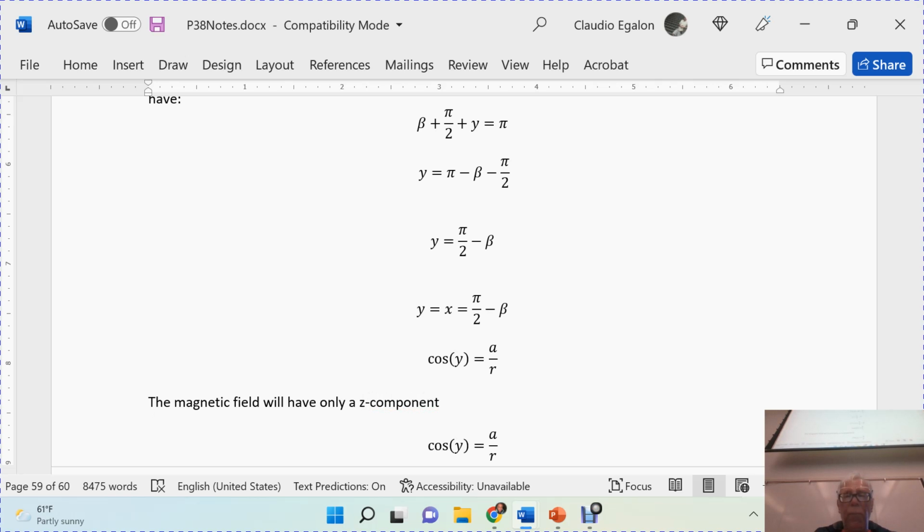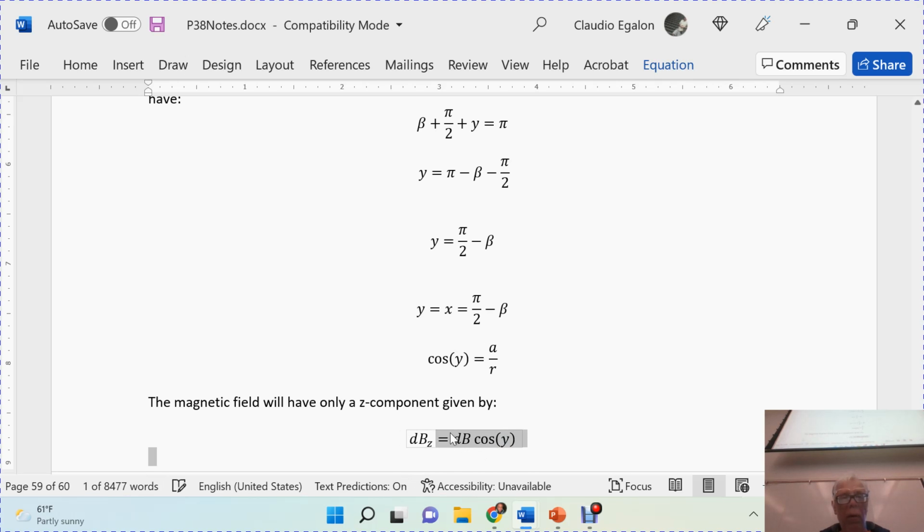Given by dBz equal dB cosine of y, which is a over r.